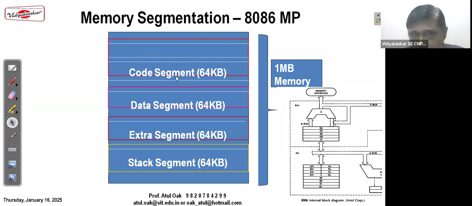Then processor must know what is the start of this particular code segment. अगर प्रोसेसर को इसके ऊपर काम करना है तो प्रोसेसर को मालूम होना चाहिए ये कहां से शुरू हो रहा है. अगर प्रोसेसर को डेटा सेगमेंट के ऊपर काम करना है तो प्रोसेसर मस्ट नो वेयर इट स्टार्ट्स. If processor wants to work on extra segment, processor must know where it starts. If processor wants to work on stack segment, processor must know where it starts.